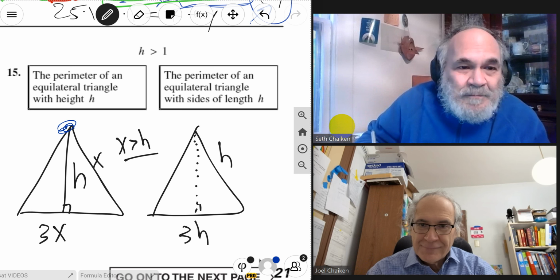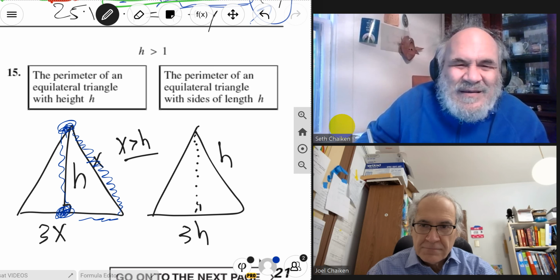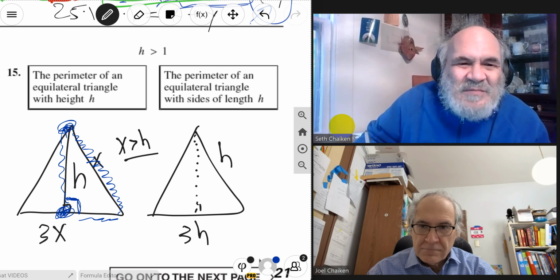H is the exact distance between the tippy top and the middle of the bottom. X is a distance you use to go around. H is the length of the perpendicular from the tippy top to the base, the shortest distance.